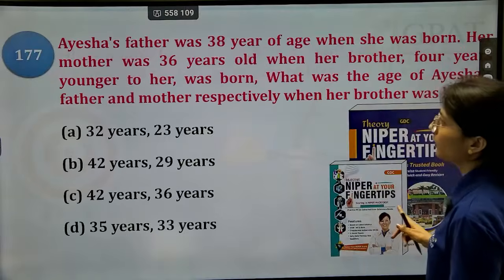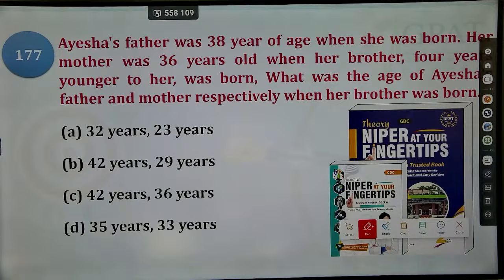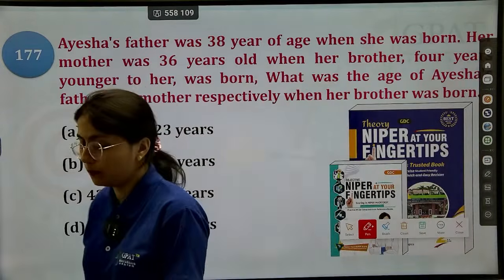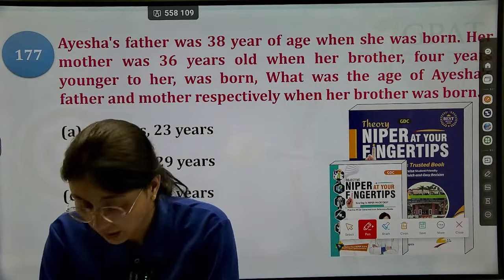Now move to another question. Aisha's father was 38 years of age when she was born, and his mother was 36 years old when her brother, 4 years younger to her, was born. What was the age of Aisha's father and mother respectively when her brother was born? So brother is born 4 years after Aisha.